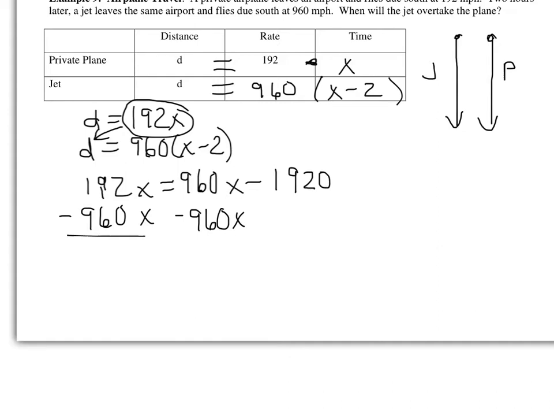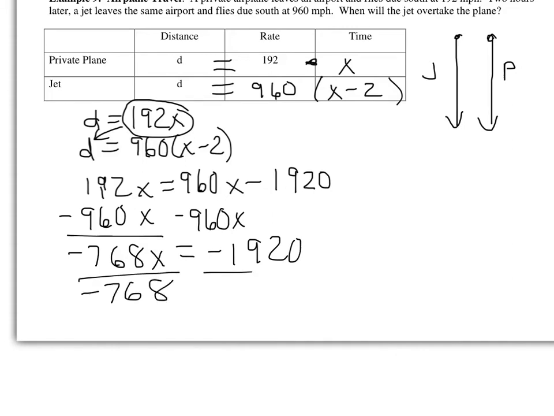That gives us negative 768x equals negative 1920. We want to solve for x, so let's divide both sides by negative 768. That gives us x equals 2.5.